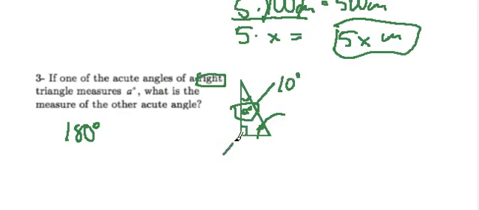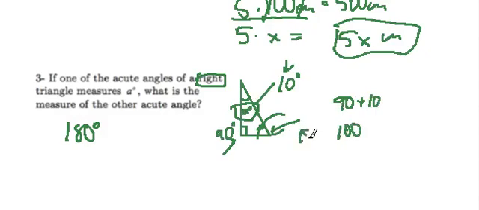So if this is 90 degrees here, and this is 10 degrees here, and I'm trying to find this angle here, well, I know all 3 of them, the 90 plus the 10 plus this one are going to add up to 180, right? So this 90 degrees and this 10 degrees total to 100. That means 180 minus 100 is going to give me my missing angle, in this case 80 degrees.